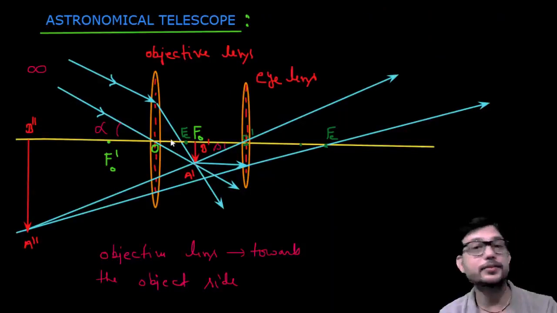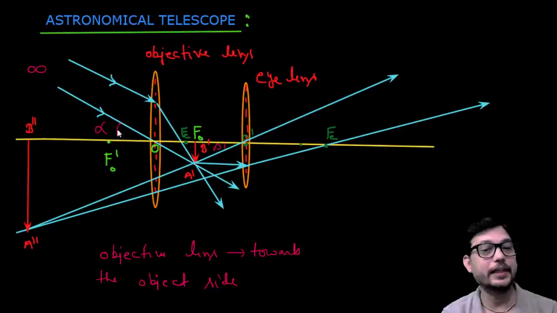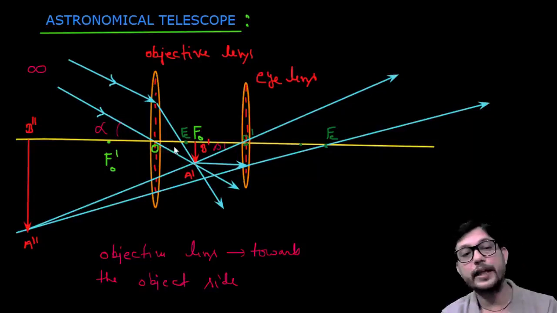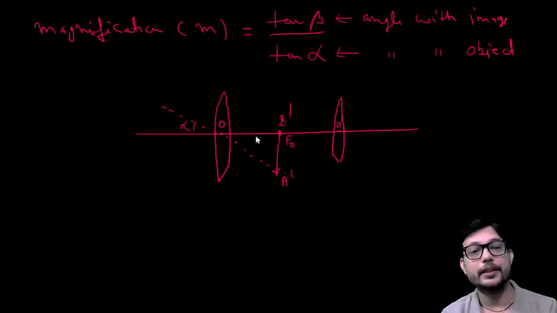This is angle alpha, so the opposite angle must also be alpha. Here we can directly write that this will be alpha, and one ray is like this, and the angle is here beta.